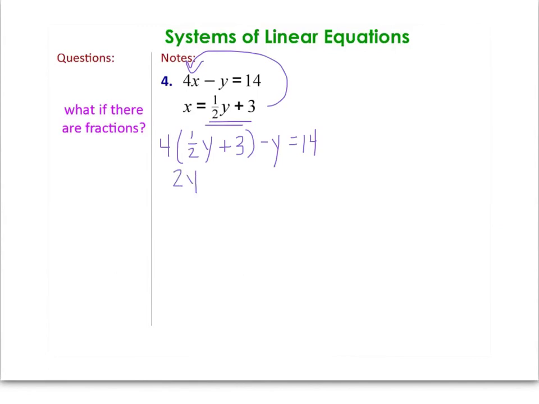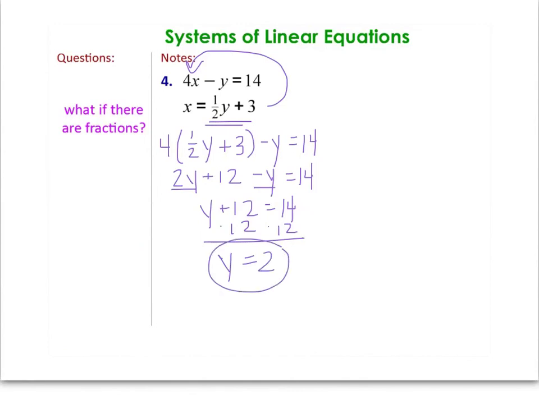I'm left with 2y plus 12 minus y equals 14. 2y, take away another y, leaves me with 1y plus 12 equals 14. Subtract 12 on both sides, and I get y equals 2. Easy as that. I'm done with part 1.